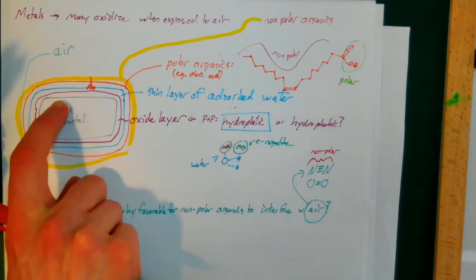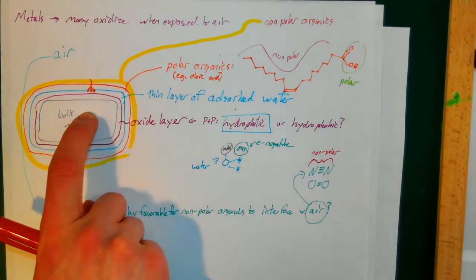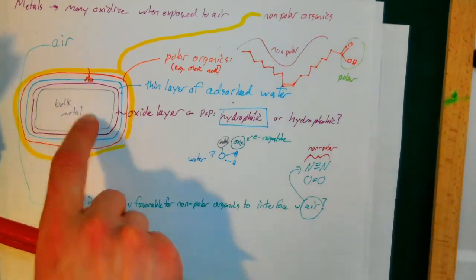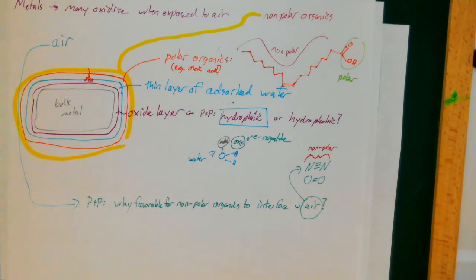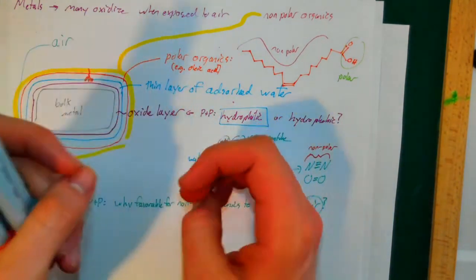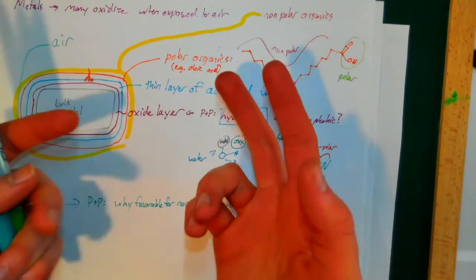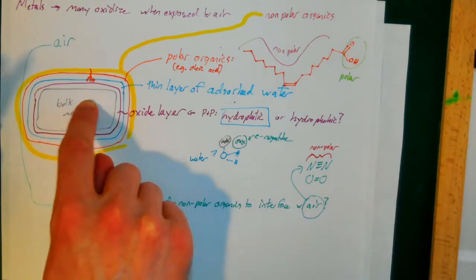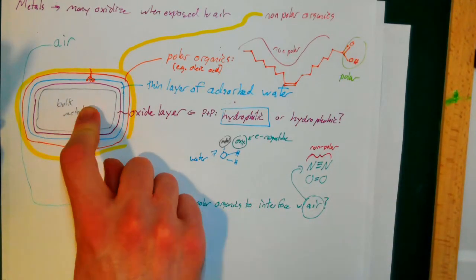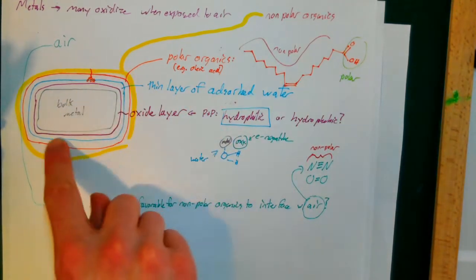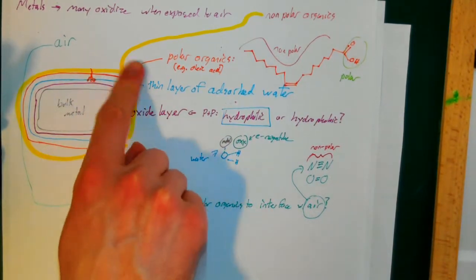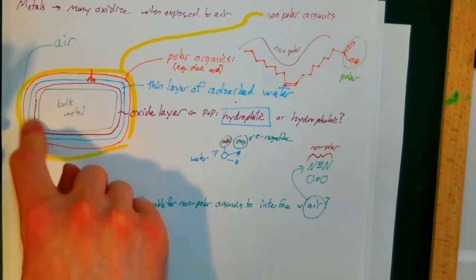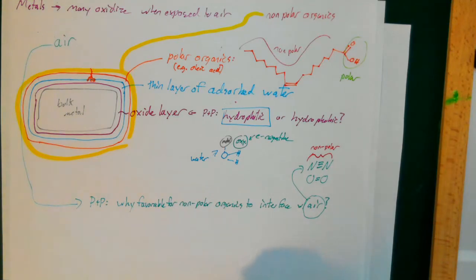And this oxide layer is something that inevitably forms on the surface of metals. So if you actually go to try to characterize how hydrophilic or how hydrophobic a metal is, you're actually probably not characterizing how hydrophilic or hydrophobic the metal is, but rather how hydrophilic or hydrophobic all of this junk on the outside of the metal is.